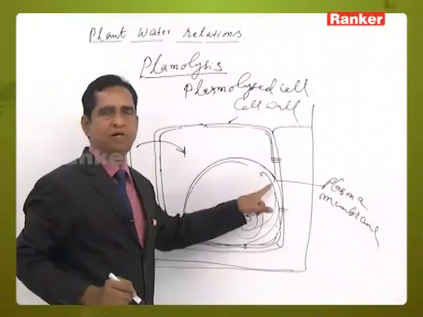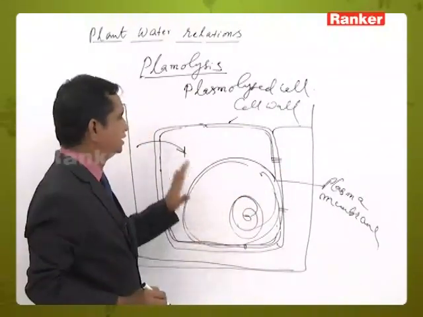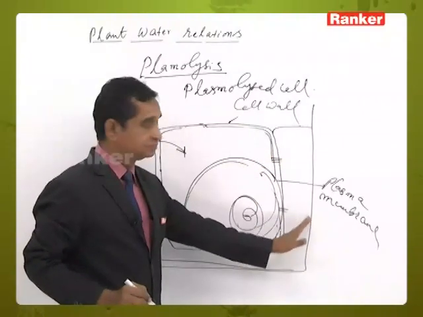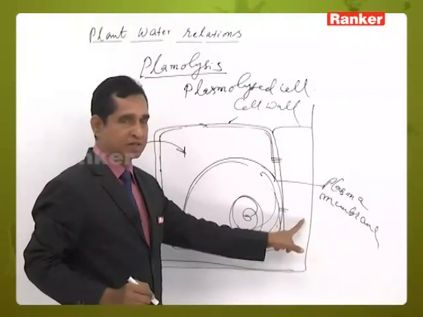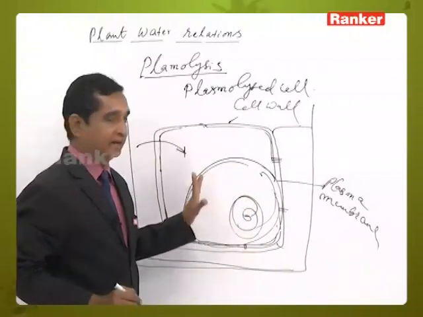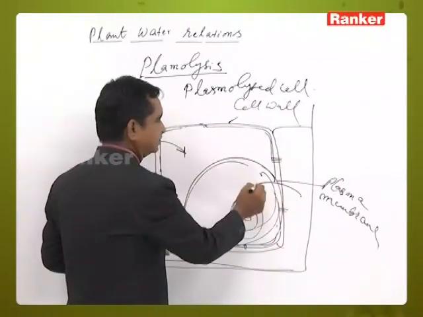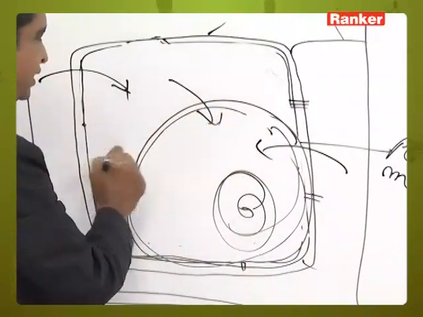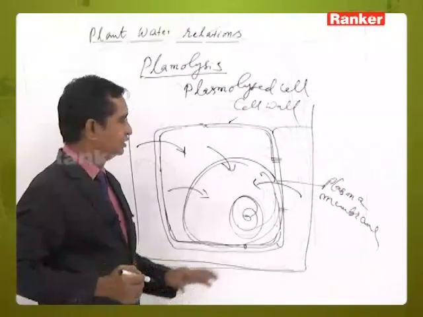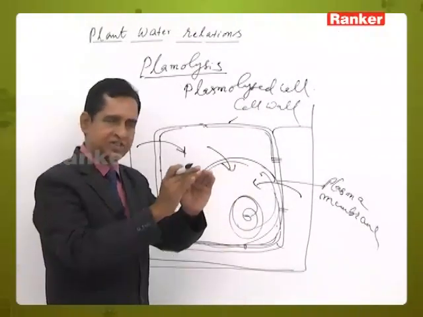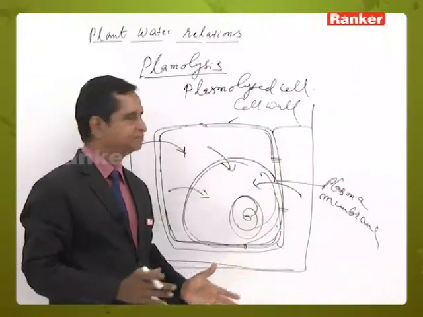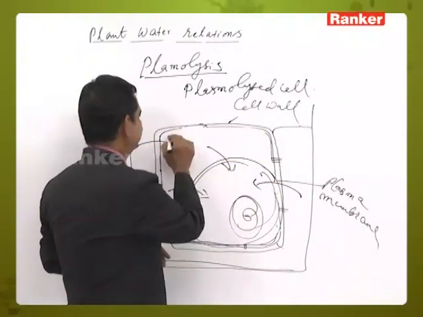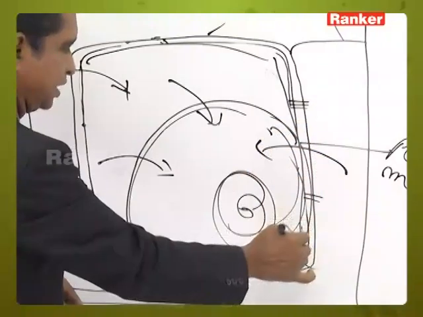If this plasmolyzed cell is placed in water, that is hypotonic solution, then again the water can move in and the cell gradually expands and occupies its normal position.